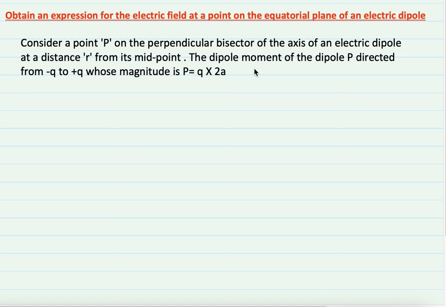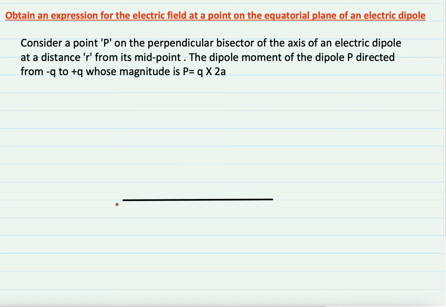The dipole moment of the dipole, p, is directed from negative charge to positive charge, whose magnitude is p equal to q into 2a. Let's see the diagram now. How to draw the diagram first? First we have to draw the dipole. Dipole means it consists of two charges, equal and opposite.